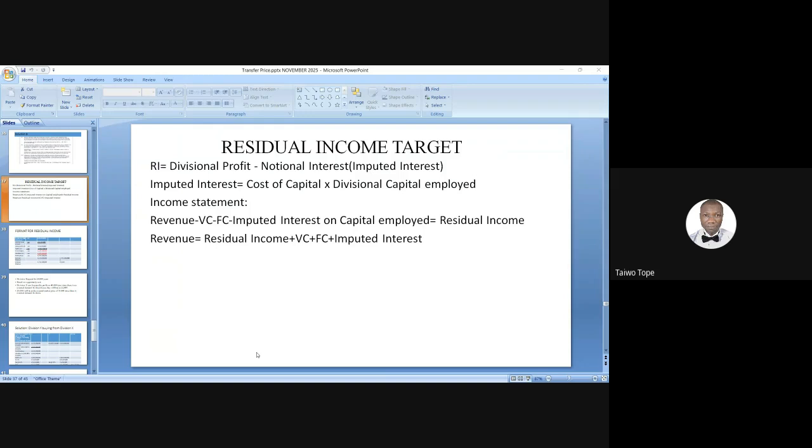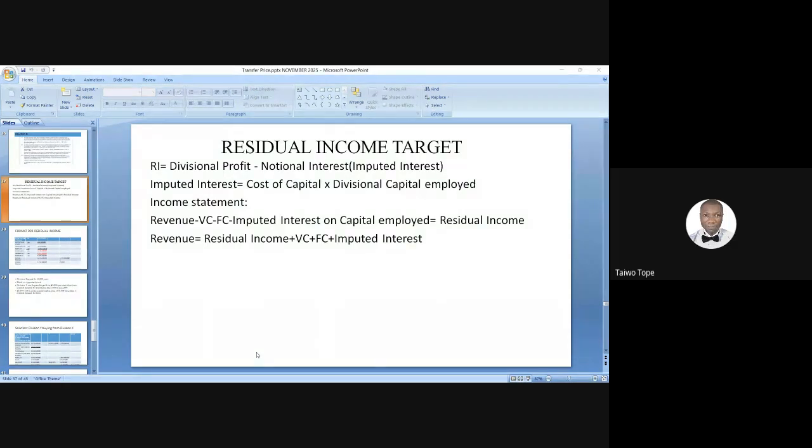Okay. So how is it determined? It will be determined by controllable profit minus notional interest on capital. All right.